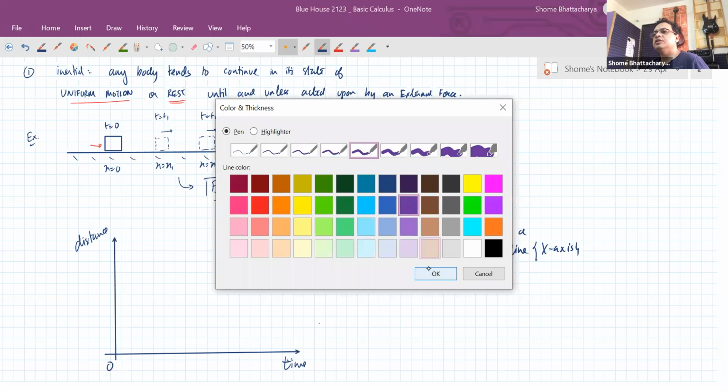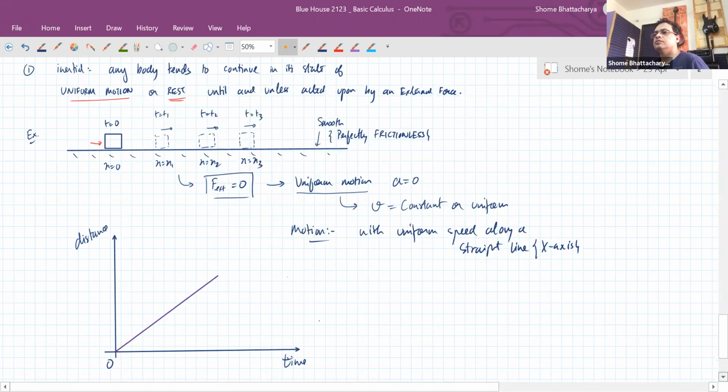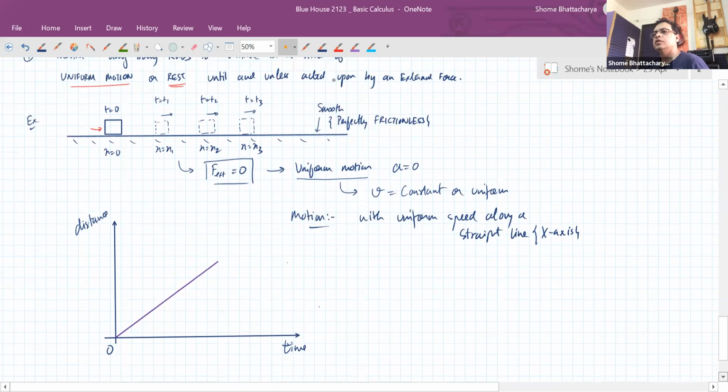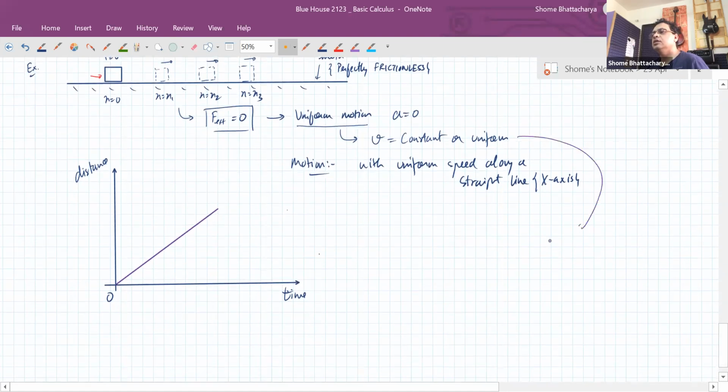So for this type of situation where distance versus time is a straight line, if you think in terms of the graph now, this further tells us that speed is constant, which means that distance is what we call a linear function of time. So what that means is that the distance time graph is a straight line.